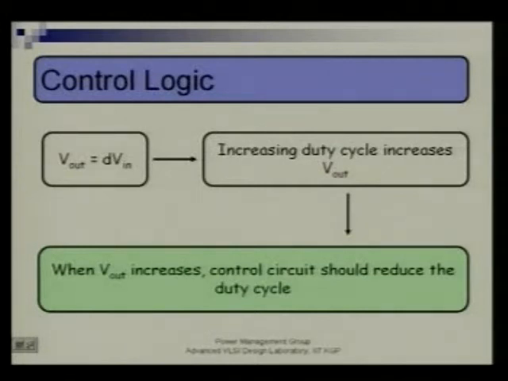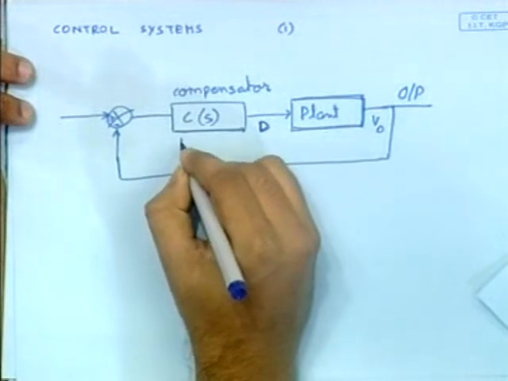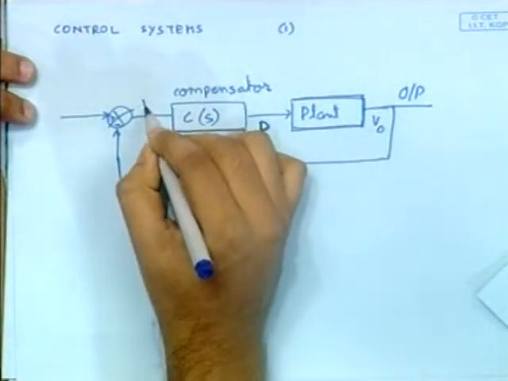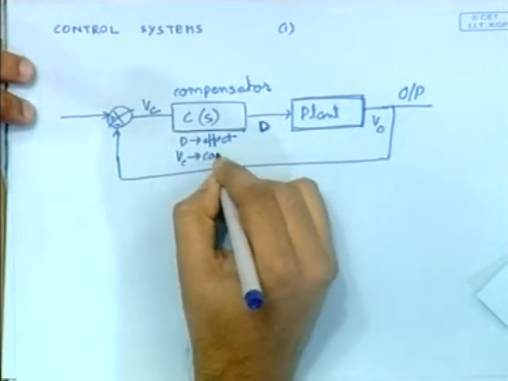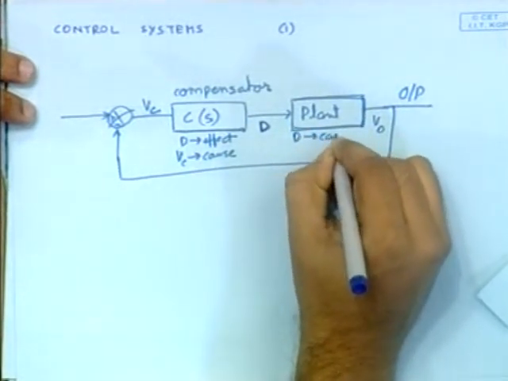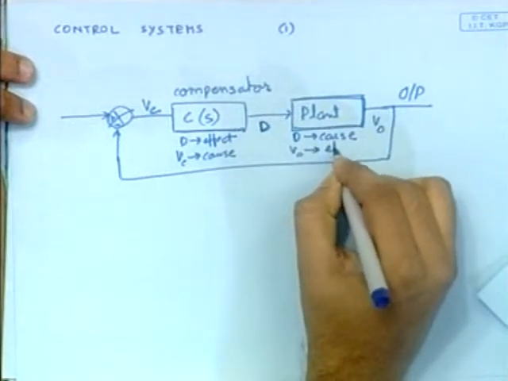In the case of the compensator, D becomes the effect, and something called VC is the cause, right? And in the case of the plant, D becomes the cause and V output becomes the effect.